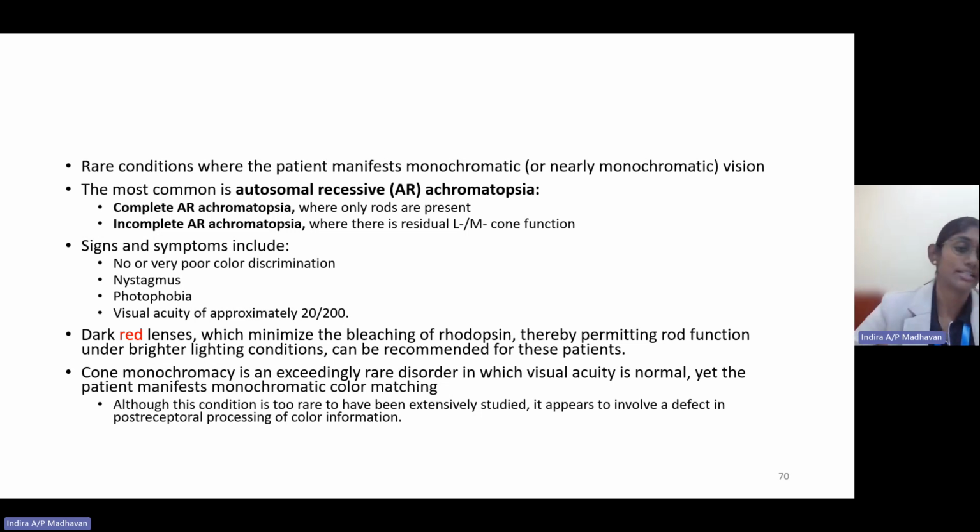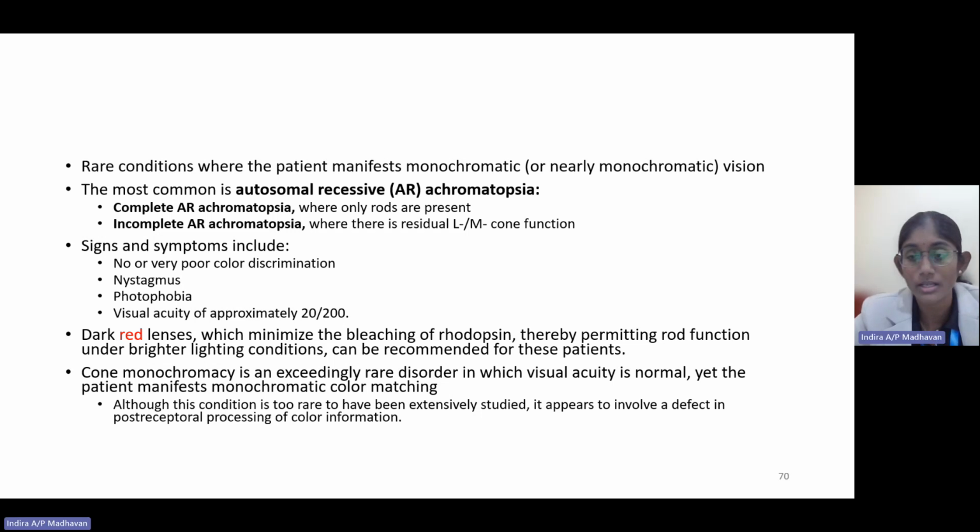And what kind of problem would this patient have? The signs and symptoms would be, one, no or very poor color discrimination, obviously with the rods, or minimal presence of green and red cones, which only gives a very minimal color discrimination.